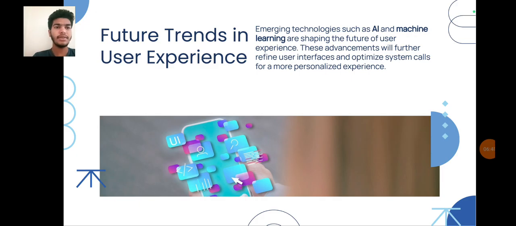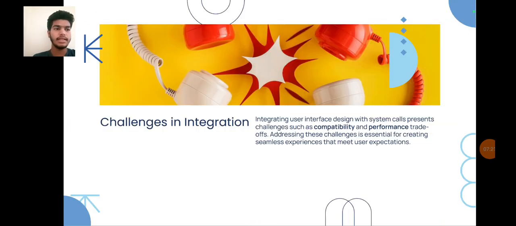These advancements will further refine user interfaces and optimize system calls for a more personalized experience.